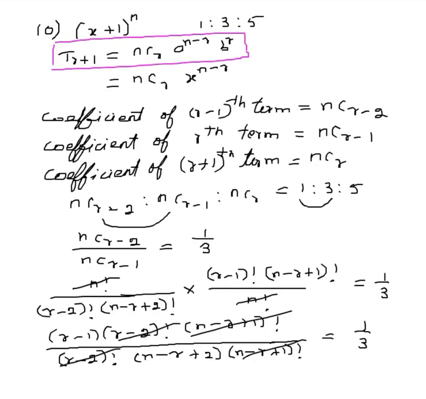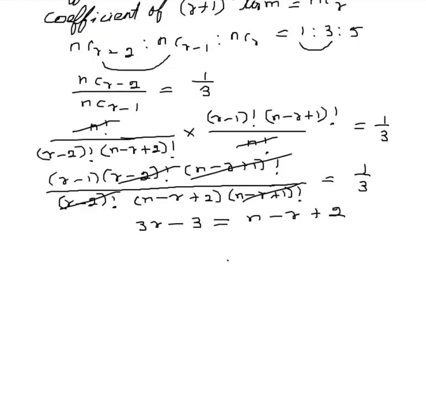Cancel the common terms and cross multiply. 3r minus 3 is equal to n minus r plus 2. Therefore, 4r minus n is equal to 5. This is our first equation.